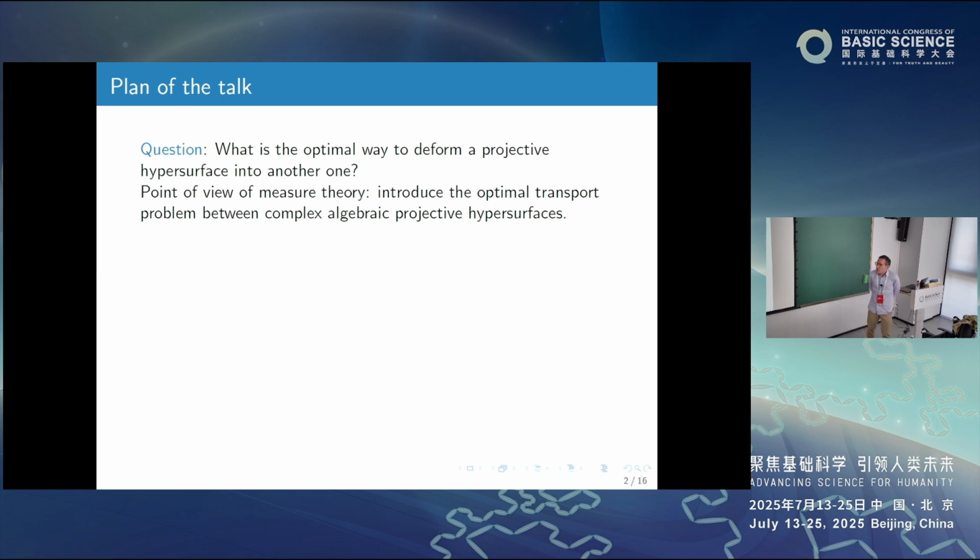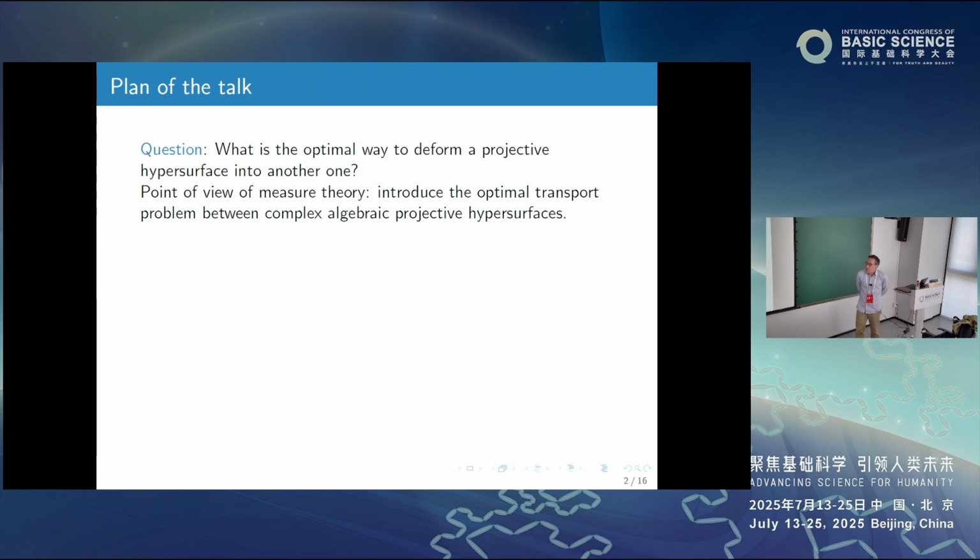So the question that we tried to understand was: what is the optimal way to deform a special class of submanifolds, the projective hypersurfaces, from one projective hypersurface to another one? This is the algebraic part.